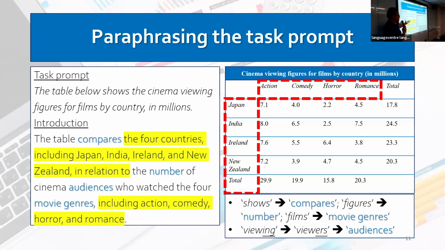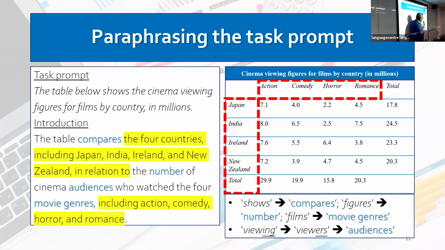I know it's a table about cinema audiences, but can you give me some more specific information about the table? Then, as you can see here, I've done one thing. That is, I've studied the column here. I know that this table actually compares four countries.